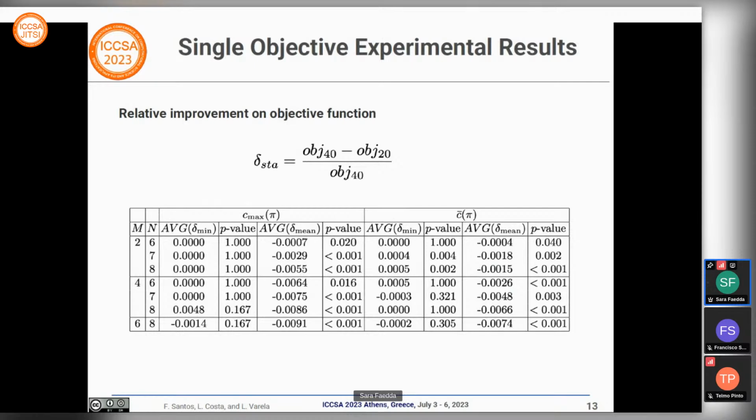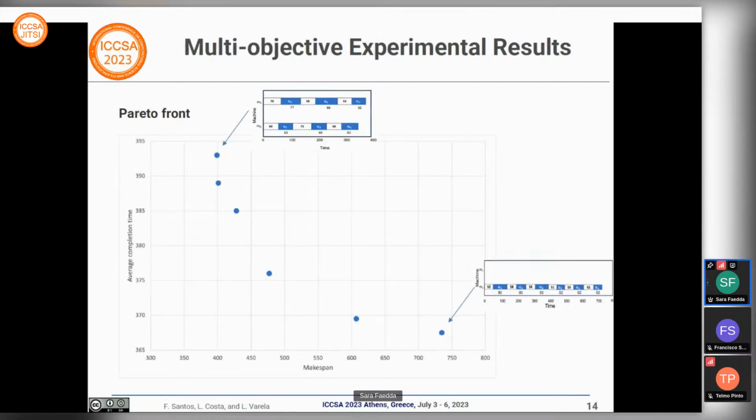However, for these two particular combinations, we also obtained significant differences. The multi-objective approach allows us to obtain all these solutions in a single run. As I said before, these are the extreme solutions.